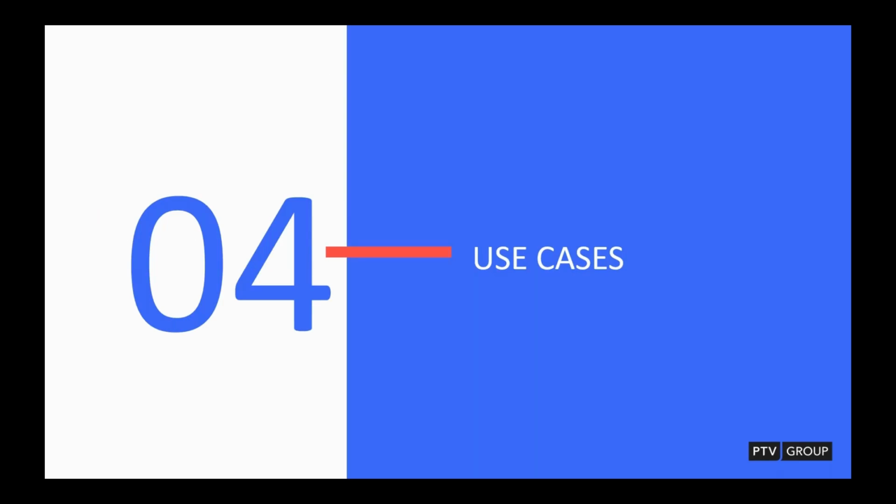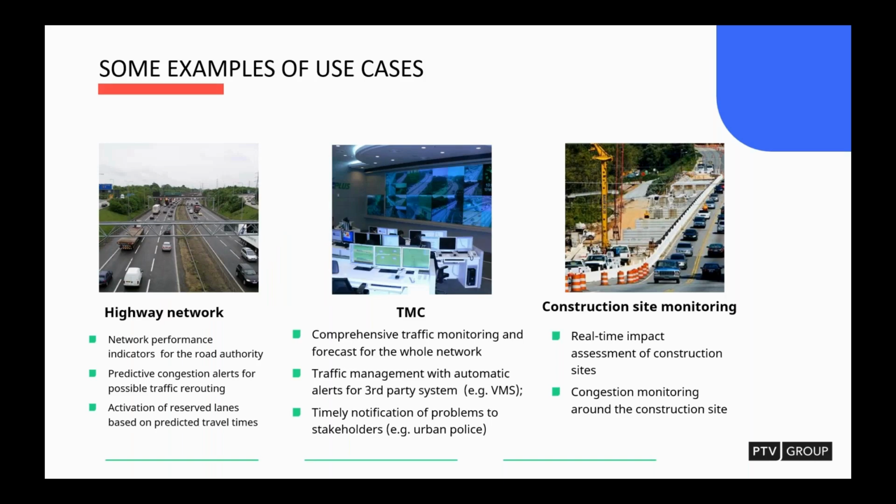All right, now we'll talk about some use cases. So we have our traditional highway network, of course, monitoring our congestion rates and our travel times, that we can then communicate to our traffic response teams and our road authorities, but also implement our predictive congestion alerts to actually engage with our network and perform some traffic rerouting or activation of reserved lanes or express lanes.